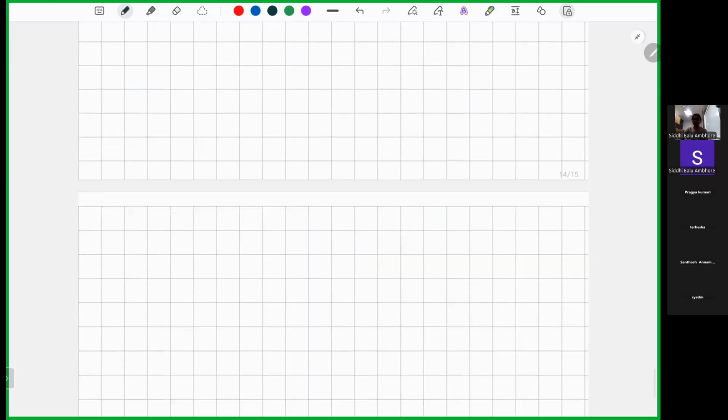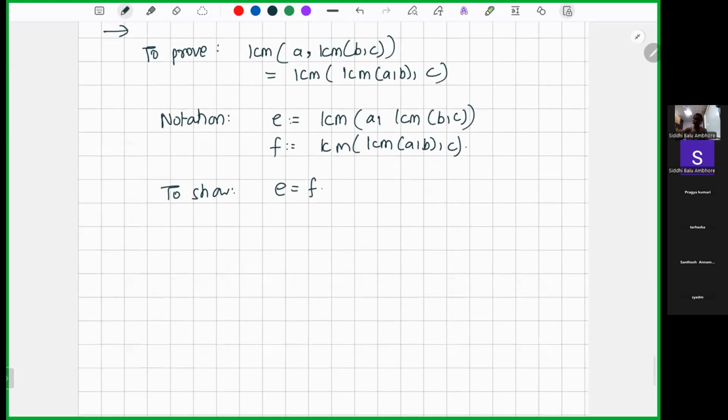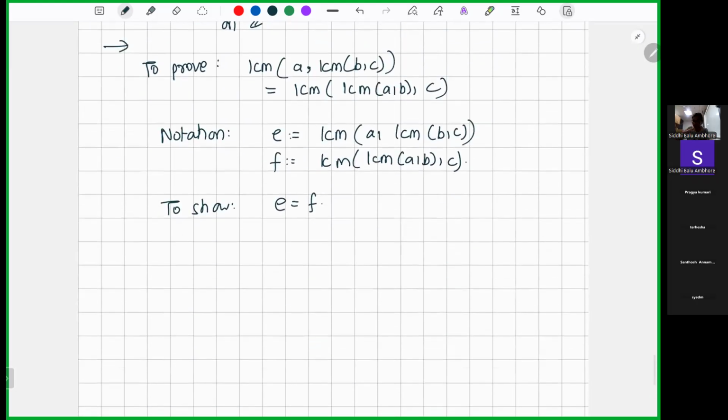I hope you know what multiple means. So multiple means that we say that c is a multiple of a if c is a times b for some b in Z. Okay, and what we have to find is the least among such.